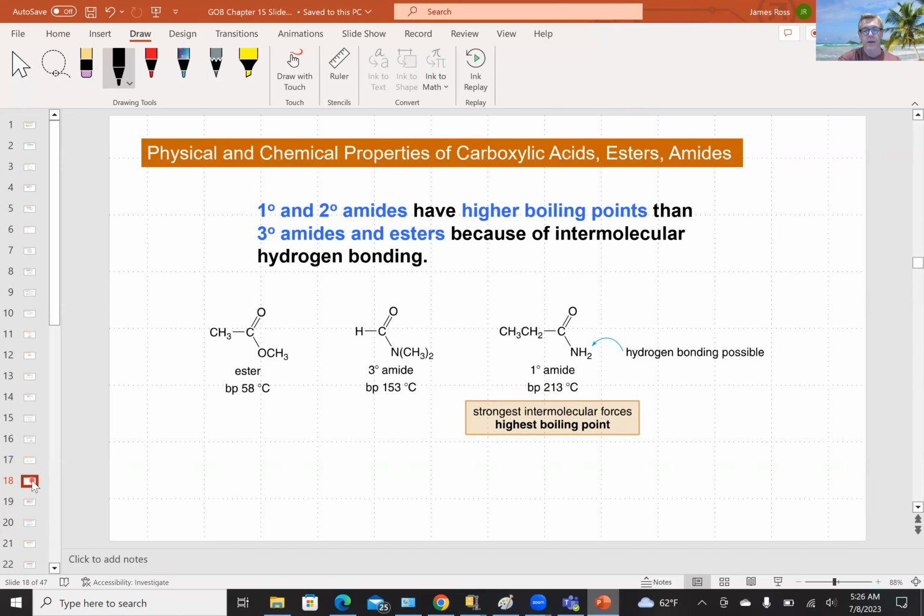What do we have here? Again, this is just echoing something we said on a previous slide. The ester on the left, no hydrogen bonding. It has a certain physical property. Tertiary amide in the middle. Also, no eligible hydrogens to hydrogen bond with. We don't have a hydrogen directly bonded to either the nitrogen or the oxygen.